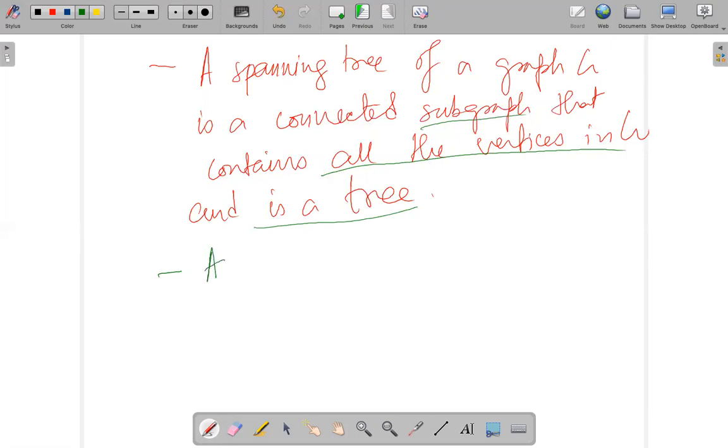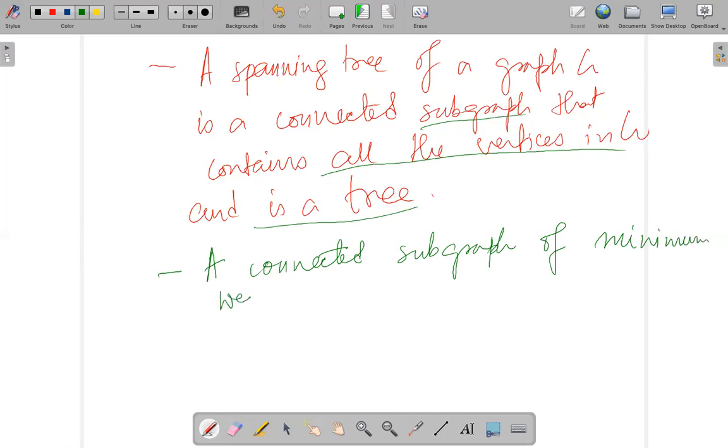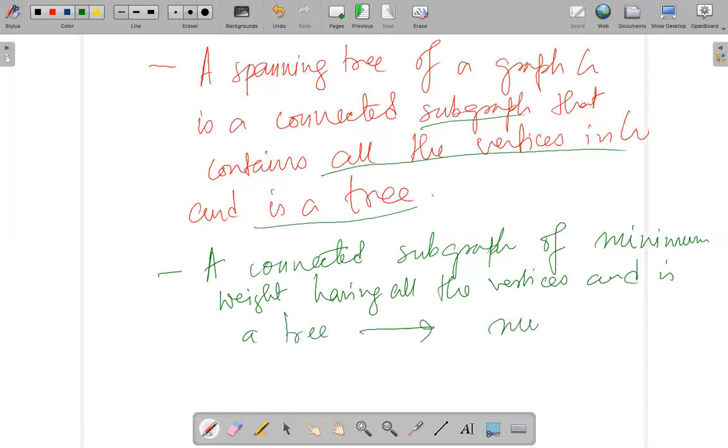So a connected subgraph of minimum weight, a connected subgraph of minimum weight having all the vertices and is a tree is a minimum spanning tree.